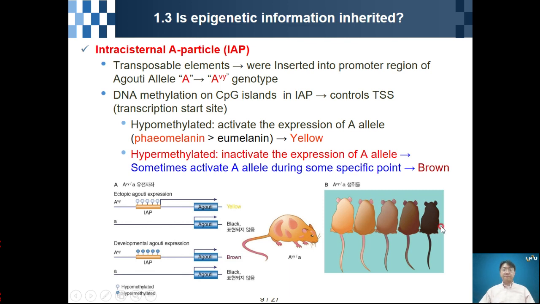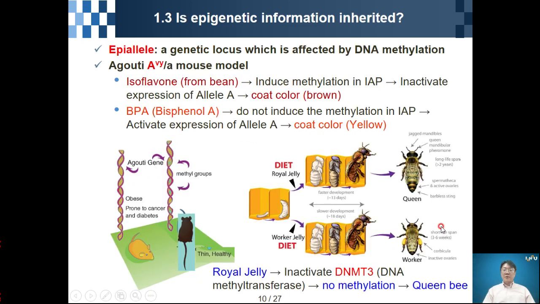Okay. So now we will learn about the epiallele. An epiallele is a genetic locus which is affected by DNA methylation. So large A allele is also an epiallele. We will also learn about another gene, DNMT3, later.